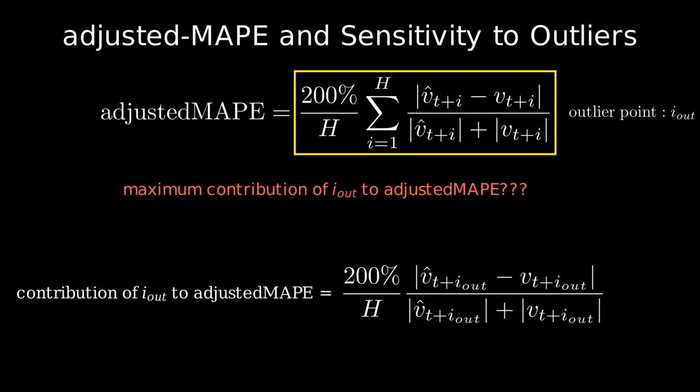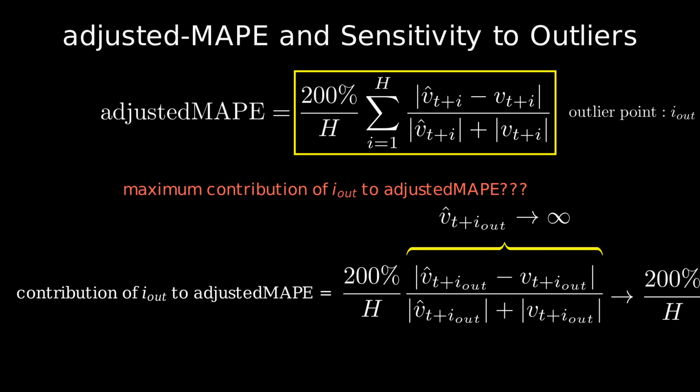Now, because we are seeking the maximum contribution of the outlier point, we can let the forecast at that point go to infinity. In that limit, the numerator and denominator of the term enclosed by the bracket will be both v hat, so the entire term, that is the contribution, will converge to 200% over h, the number of individual forecasts within the horizon.